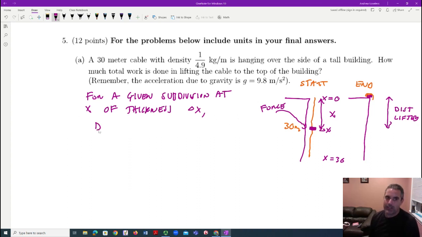And the pattern is the distance lifted from start to end is going to be X, and the weight is going to be delta X, which is the thickness, times 1/4.9.